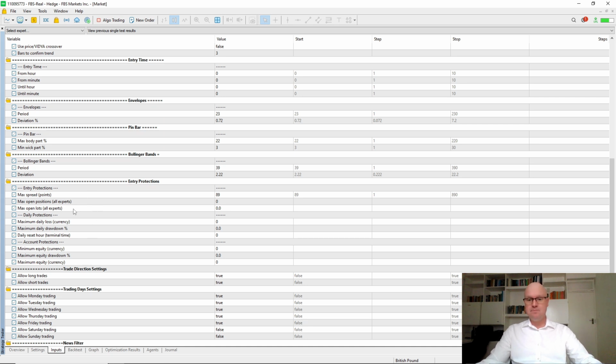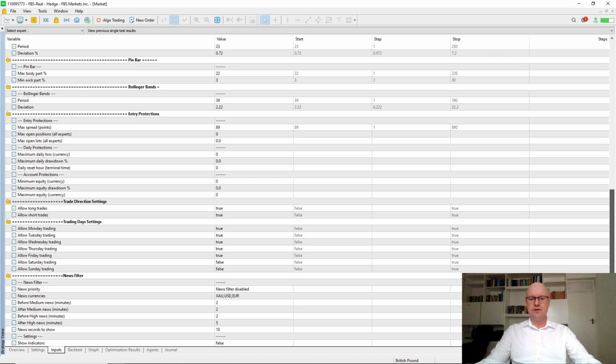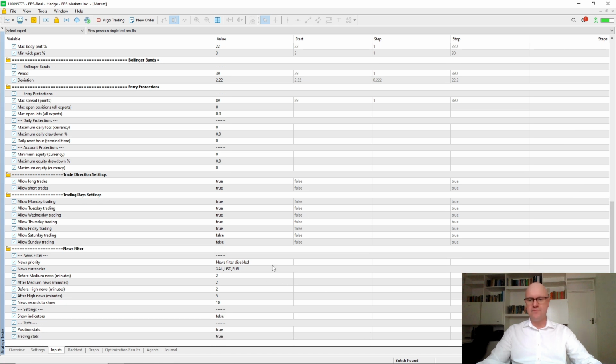Then at the bottom we have our trading day settings, where you can set which days you'd like to use. Then lastly, it also has a news filter. However, this hasn't been completely implemented, but I'm looking forward to more updates from the author. Then right at the bottom, we have the options for the indicators and the panel that displays the trading information.